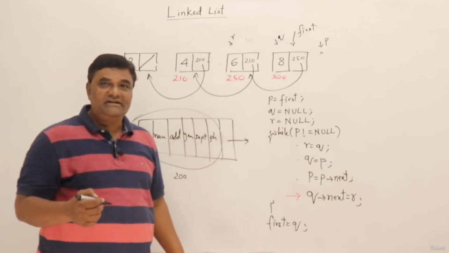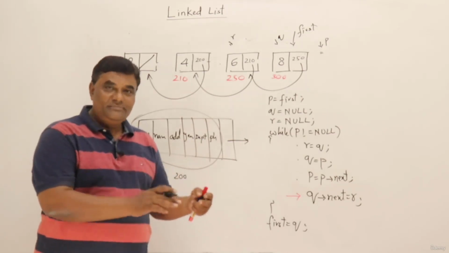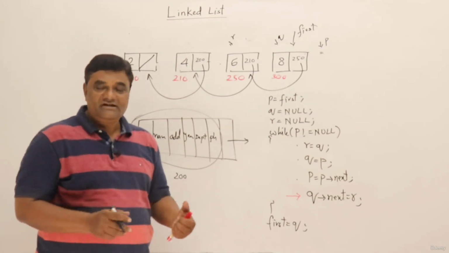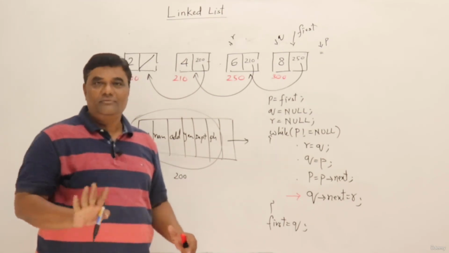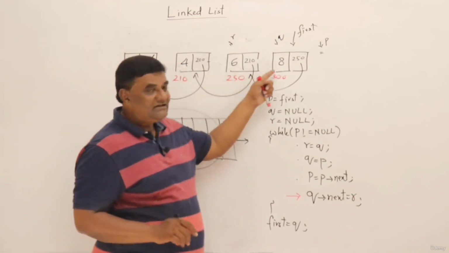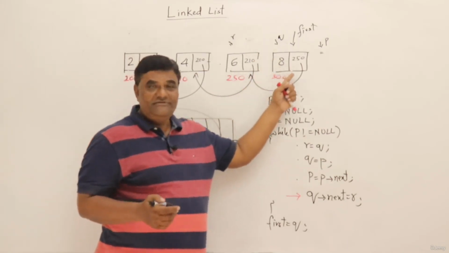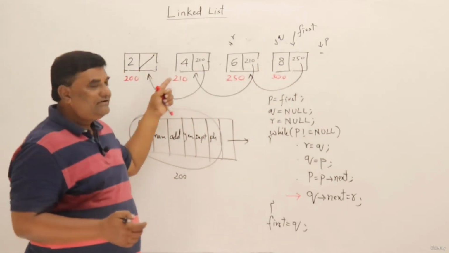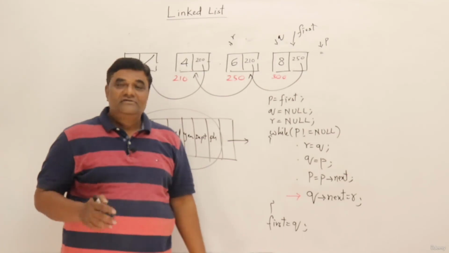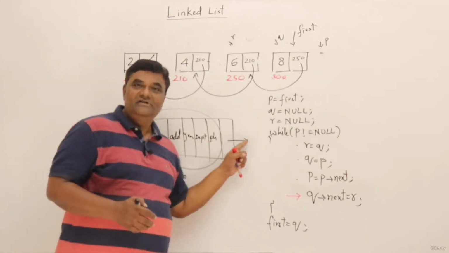How much memory do pointers take? They take 2 bytes in a 16-bit compiler or 4 bytes in a 32-bit compiler, so that depends on the compiler. Pointer always takes the same amount of memory. Let us say 2 bytes, because in our examples we are calling integer 2 bytes, so pointer also 2 bytes. So how much data do you have to modify? Just the 2-byte pointer we have to reverse. That's it. So instead of reversing data, we prefer modifying links.